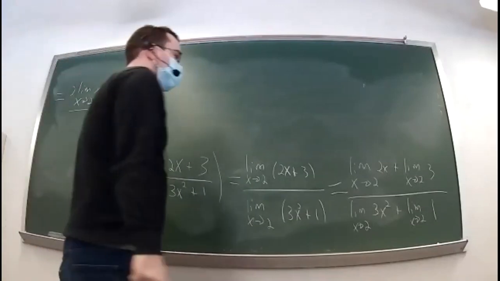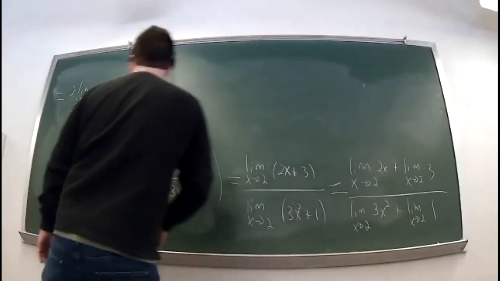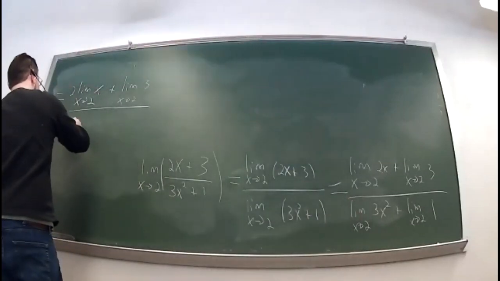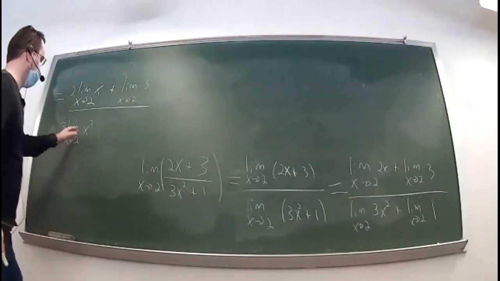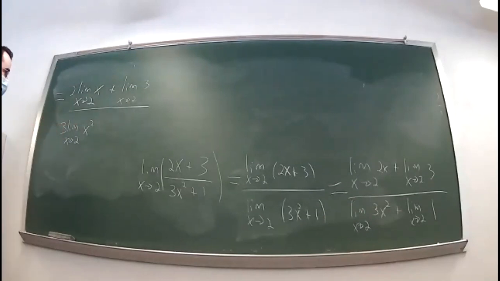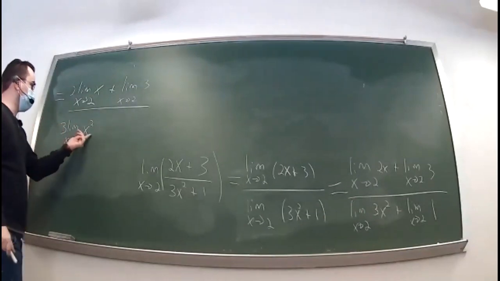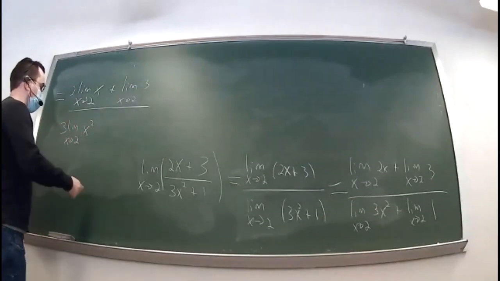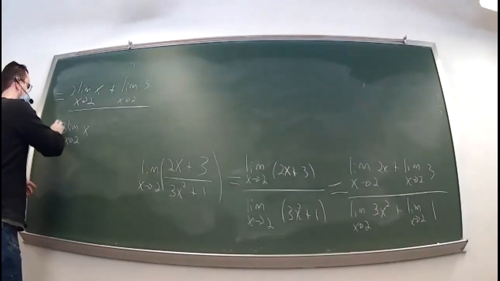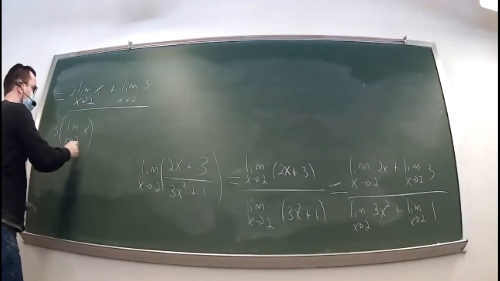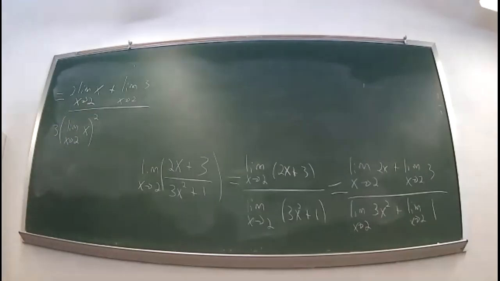And here you can combine the constant multiple limit law, pulling out that constant. And as before, x squared is equal to x times x. So the limit as x goes to 2 of x squared would be, by the product limit law, the square of the limits.